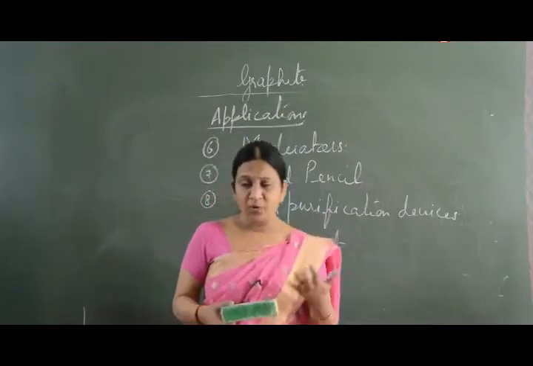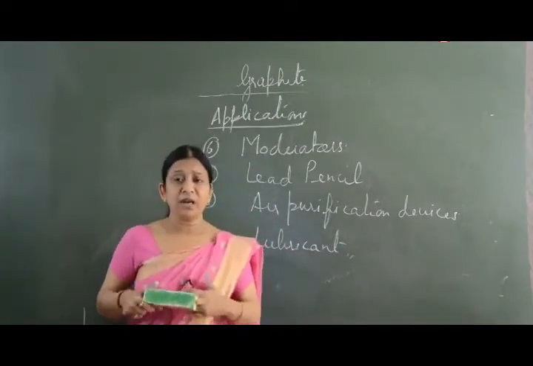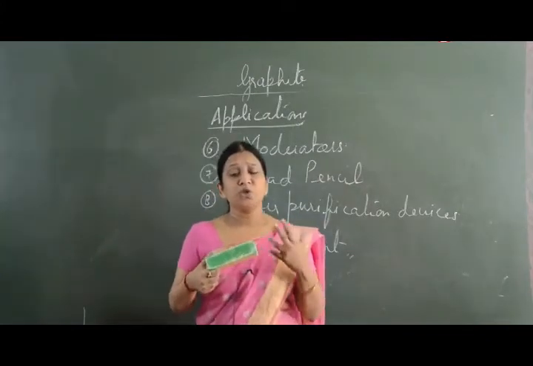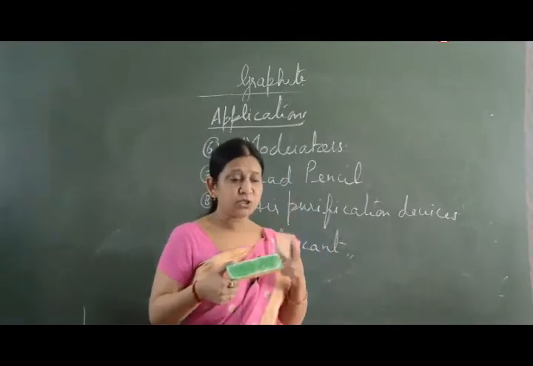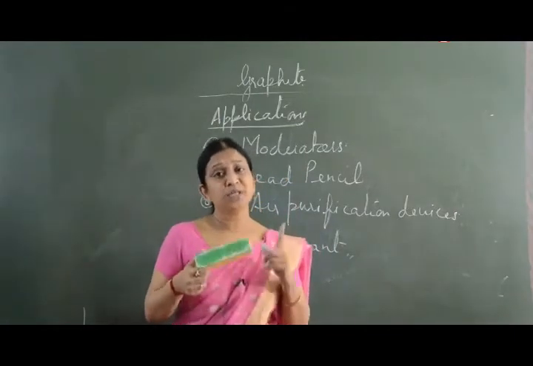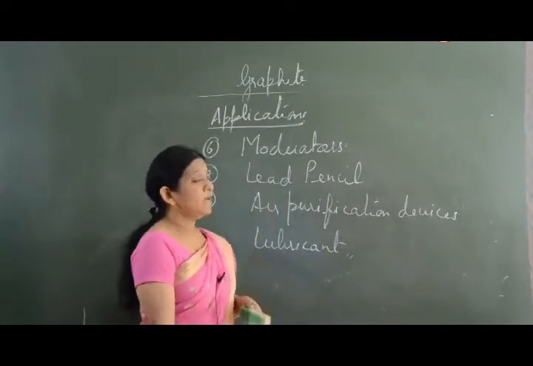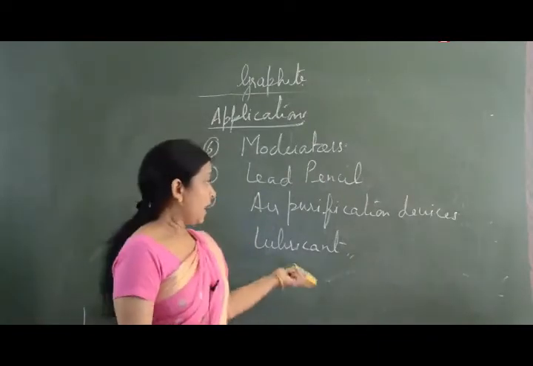So about applications, it is used as a refractory material, it has electrical applications, it has mechanical applications, it is used in batteries as an anode, then it is used as moderators, in lead pencils, air purification devices, and as a lubricant.